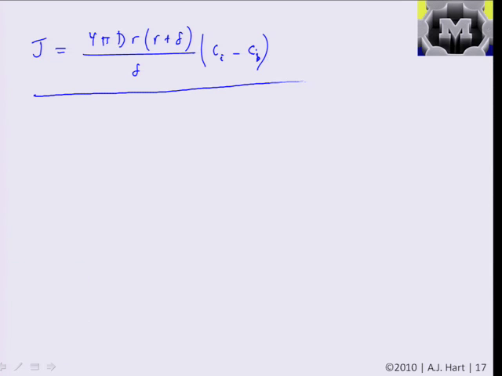So this is an expression that governs the diffusion of the monomers to the surface.